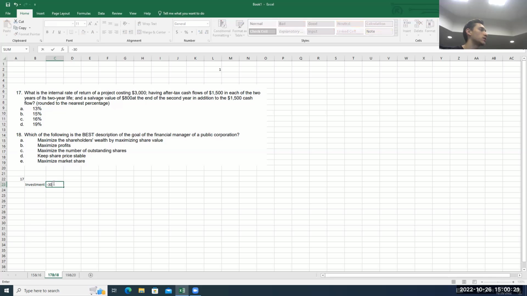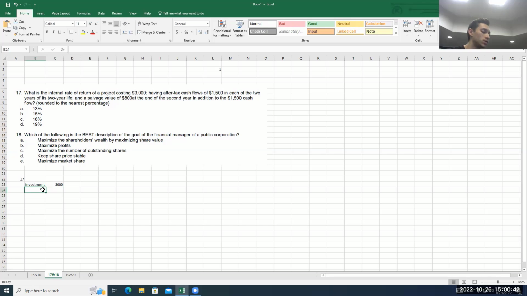So it's basically the cost. It's how much it's going to cost us, $3,000. We have a cash flow coming in of $1,500 in each of the 2 years. So the total cash flow we're going to get in 2 years is $3,000. That's split in 2 years. We're going to get $1,500 in each year.